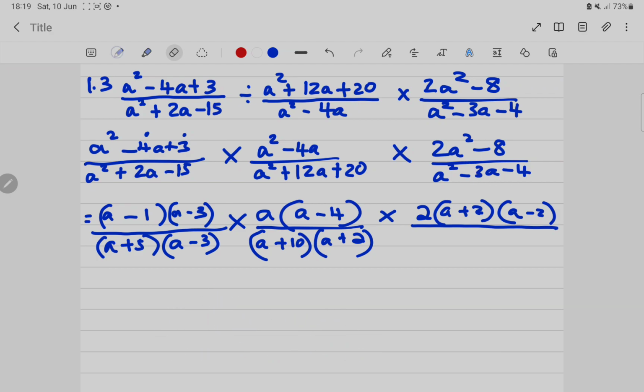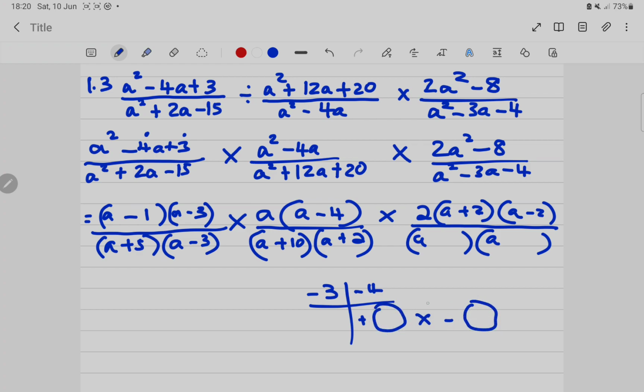Then for the factors of this one, I'm going to open up 2 brackets, a and a. Two numbers that when we multiply, they give us negative 4, and the same numbers when we add, they give us negative 3. For us to get a negative number, it's going to be a positive number times a negative number.